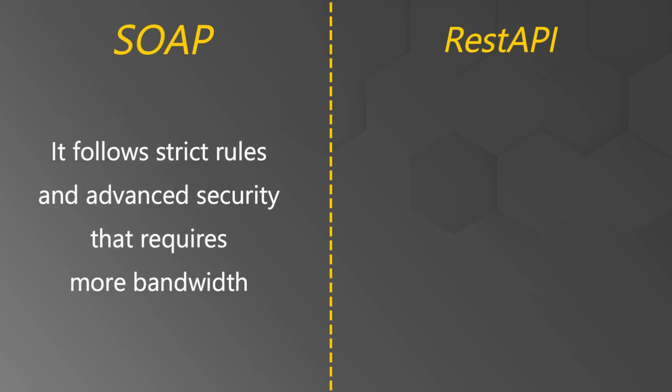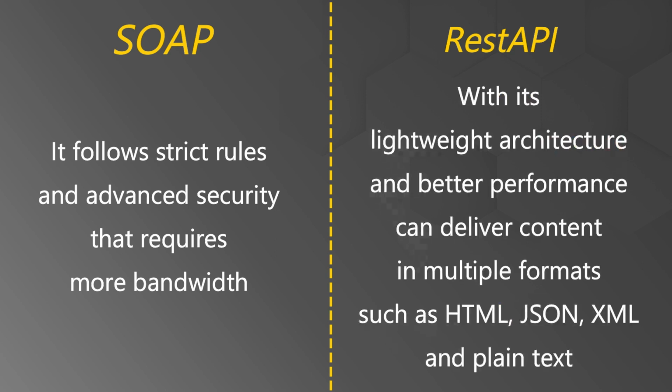It follows strict rules and advanced security that requires more bandwidth, whereas REST API, with its lightweight architecture and better performance, can deliver content in multiple formats such as HTML, JSON, XML, and even plain text.